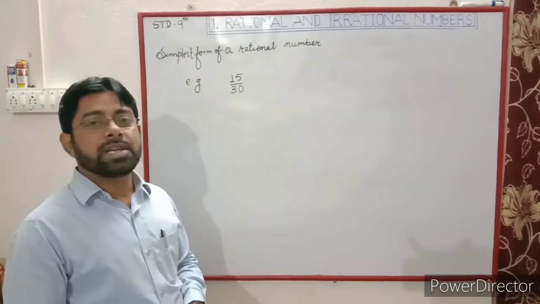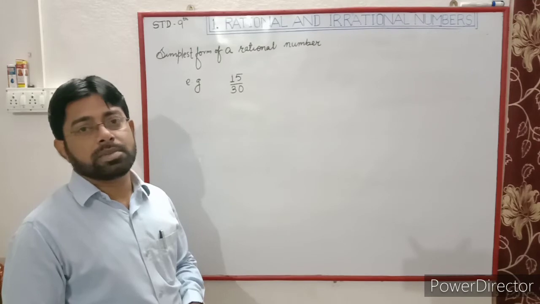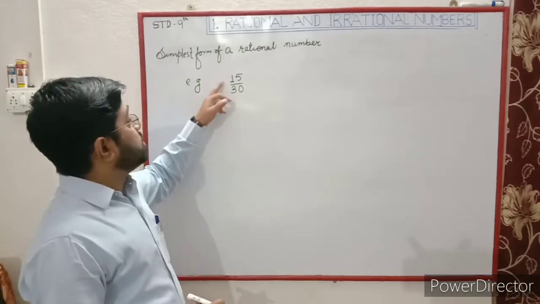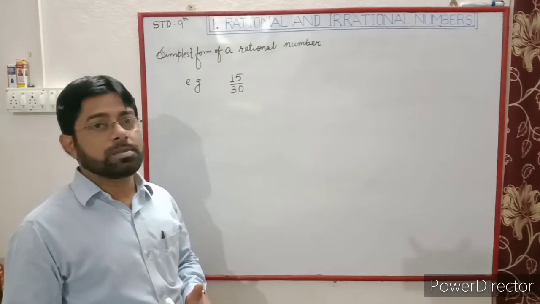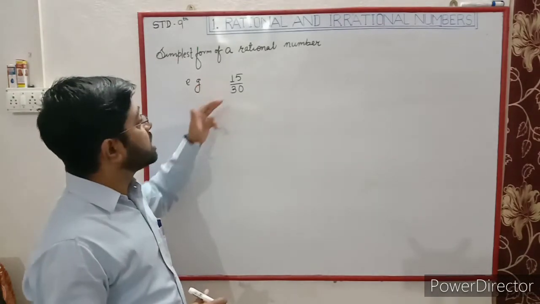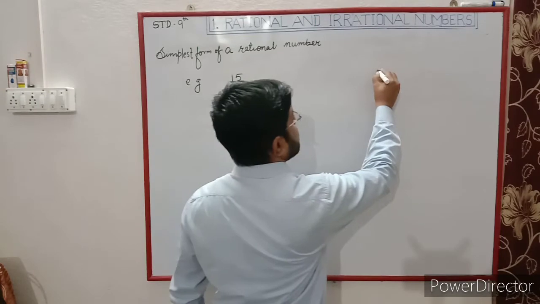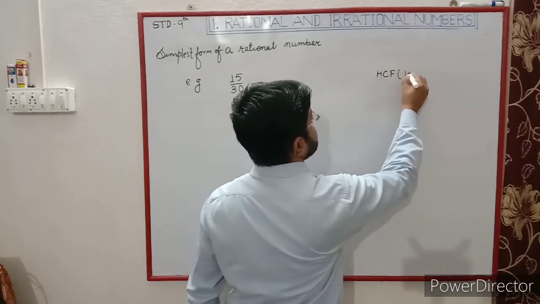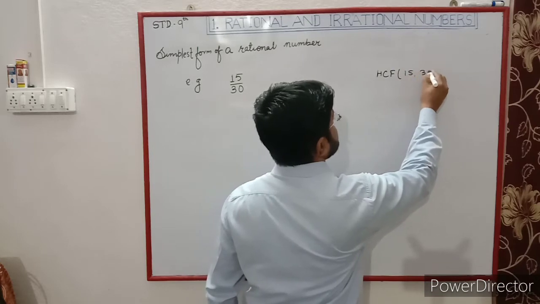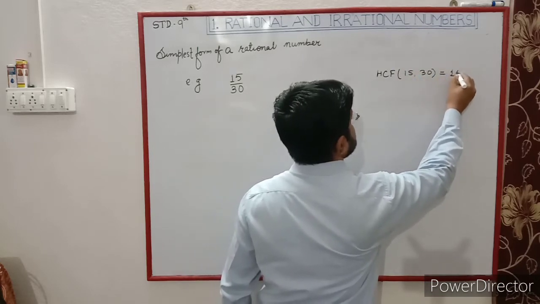Now, simplest form of a rational number. Let's see. We have to find the simplest form, or lowest term, or irreducible form of 15 by 30. So first of all, we have to find the highest common factor of 15 and 30, which is 15.